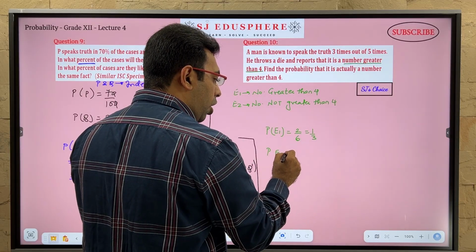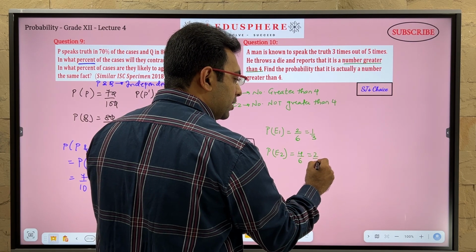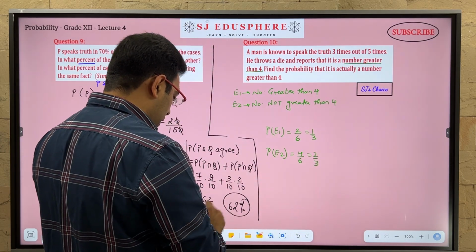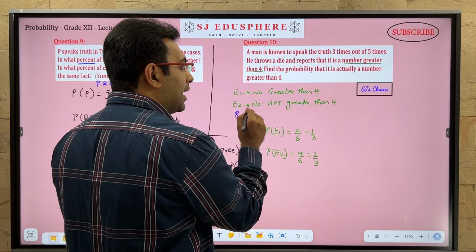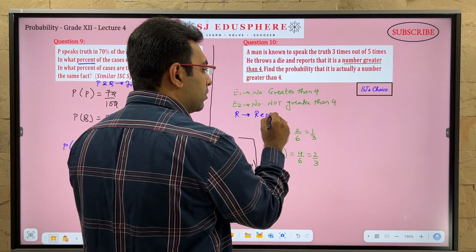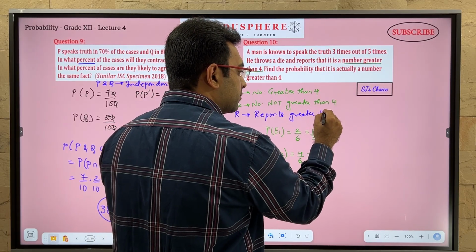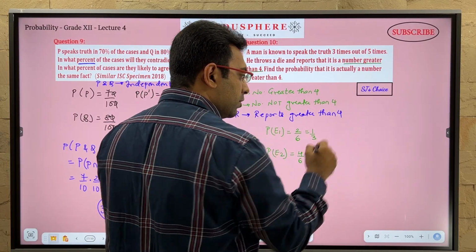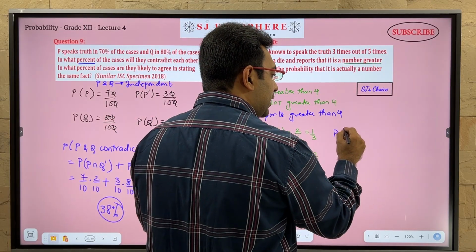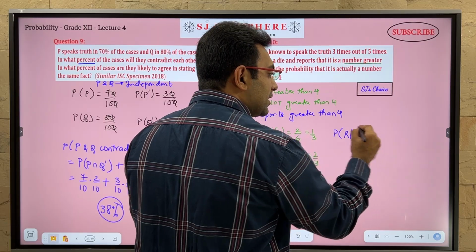Number not greater than 4 is 2 by 3. Now R is an event that the person reports greater than 4. Okay. So probability that he reports greater than 4 given that it is greater than 4.